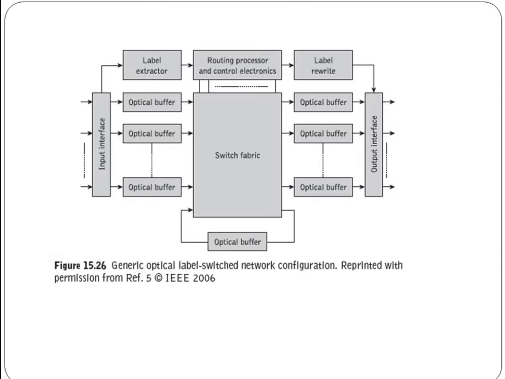Here only the detached label is processed electronically and the payload remains in optical buffers before being sent through the optical switch to the desired output buffers. Finally, the routing processor and the control electronics generate the label, which is reattached with the data at the output interface.